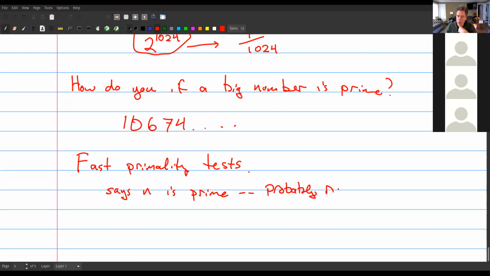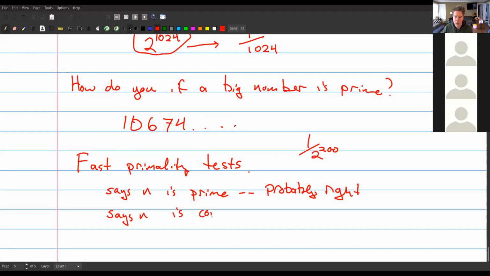What are the chances? The chances of it being wrong are like 1 over 2 to the 200 or something like that. So it's basically 0. And if it says that n is composite, then it's definitely right about that.